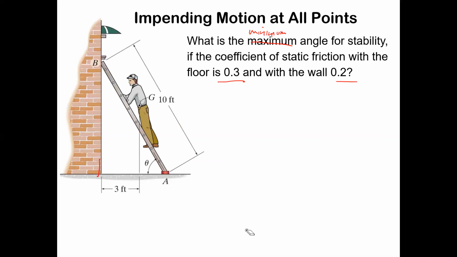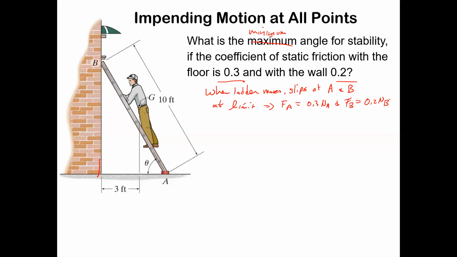So when you think about this, when the ladder moves, it's going to slip at A and B. At the limit, we're going to assume that we are at the maximum friction force at A, which is 0.3 times the normal force at A, and at the maximum friction force at B, which is 0.2 times the normal force at B. That's the assumption.